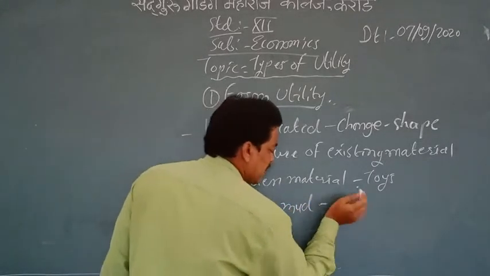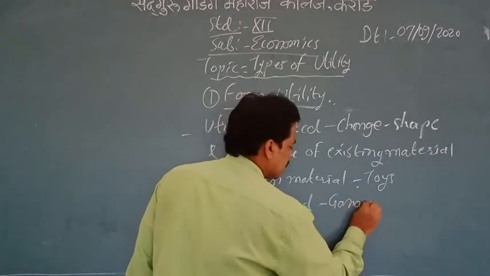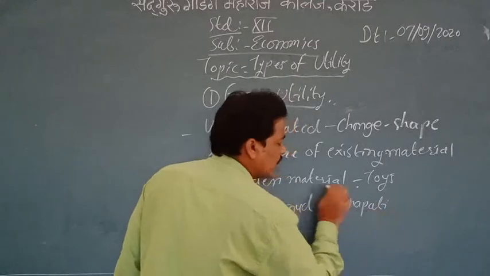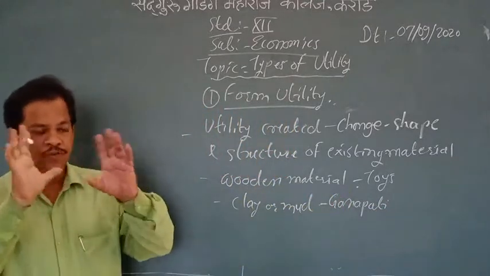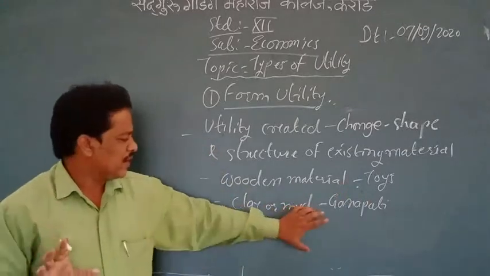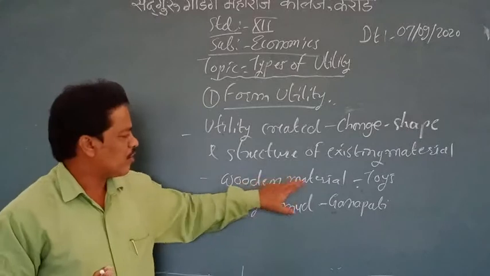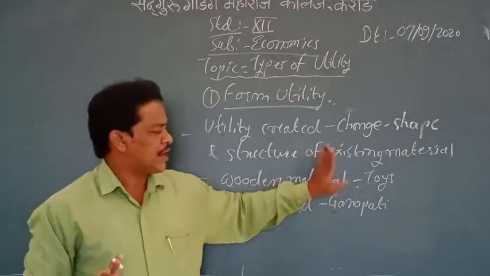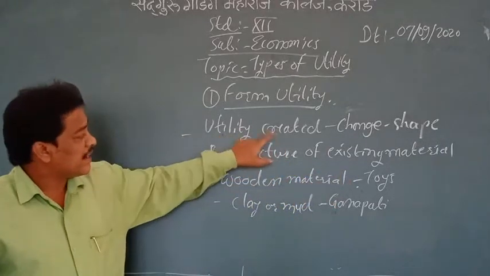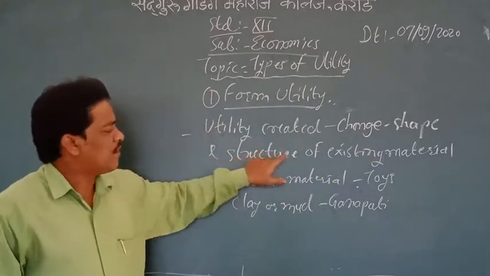You can create, for example, a Ganpati. Now you observe all these things. Mud is there, and you are going to form the shape of an idol, a Ganpati, a God idol there. With the help of wooden material, you can make toys. See, utility is created with that change, making a change in shape and structure of existing material.